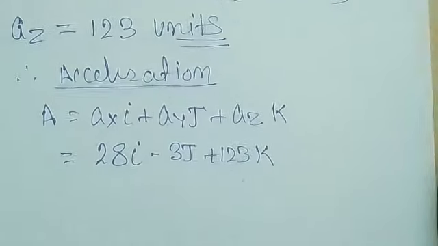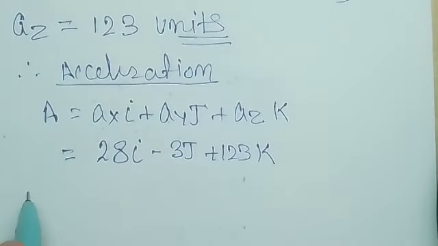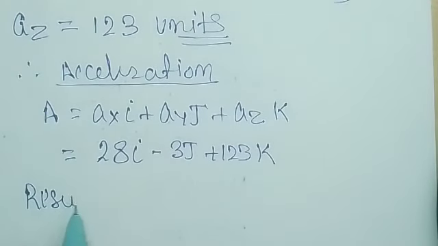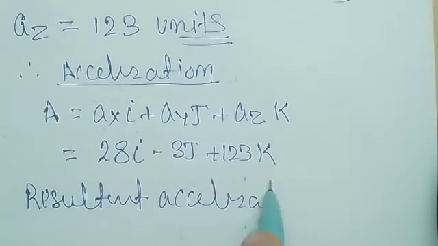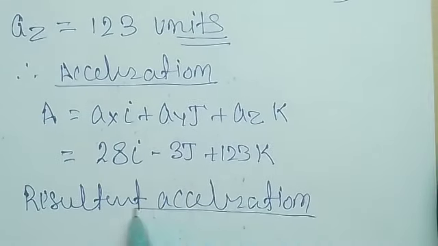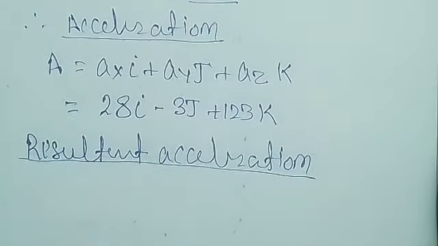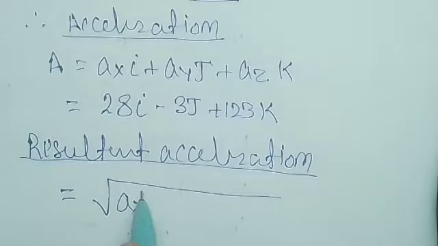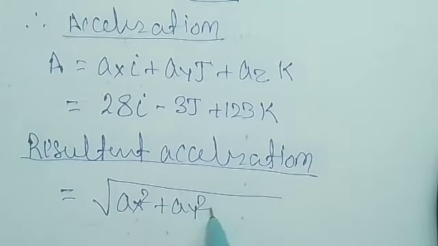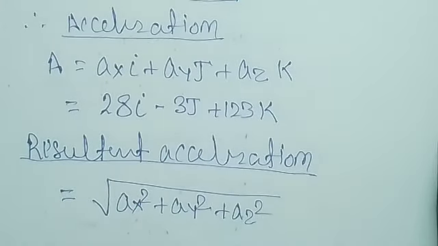So resultant acceleration, you can find that. The resultant acceleration is the square root of ax square plus ay square plus az square.